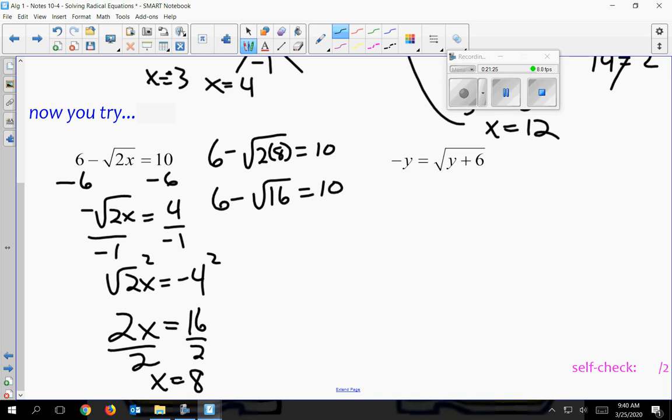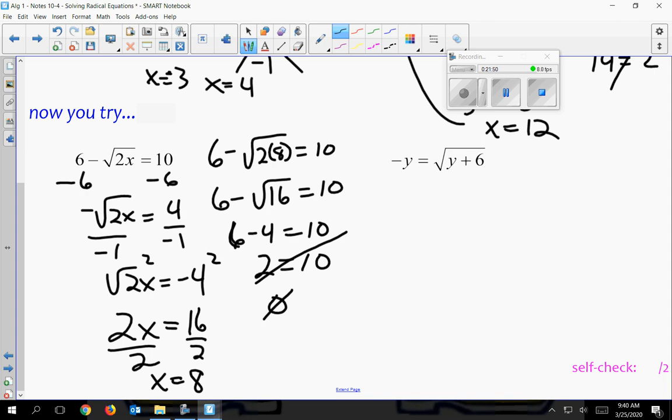The square root of 16 is 4. So 4 equals 10. That's not true. So there is no solution to that. Okay, it's extraneous. So get to know the word extraneous. That kind of comes back up a lot.